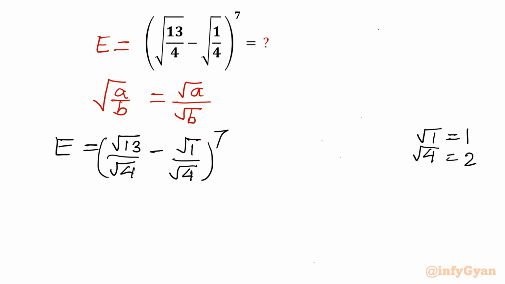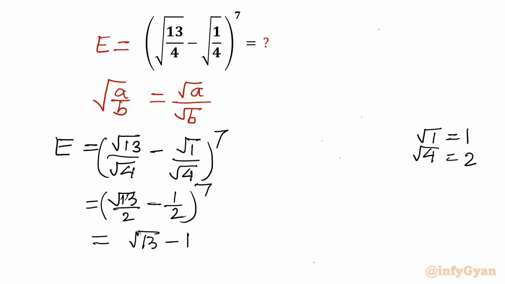So I can write (square root 13 over 2 minus 1 over 2) whole power 7. Now the denominator is the same, so I will take the denominator common, so it becomes (root 13 minus 1 over 2) whole power 7. This is equal to expression E.